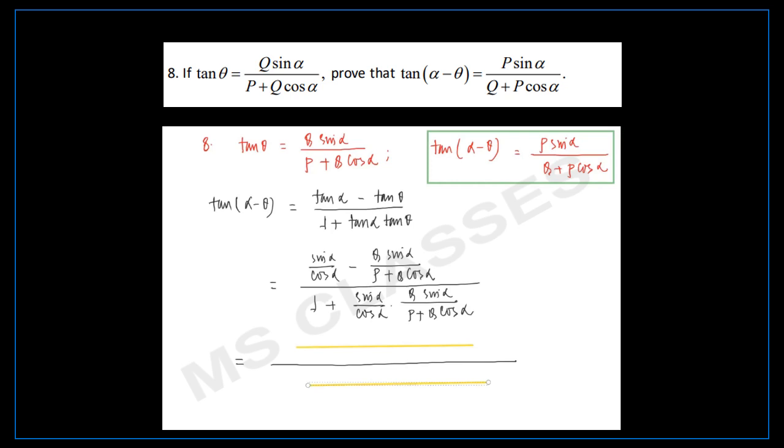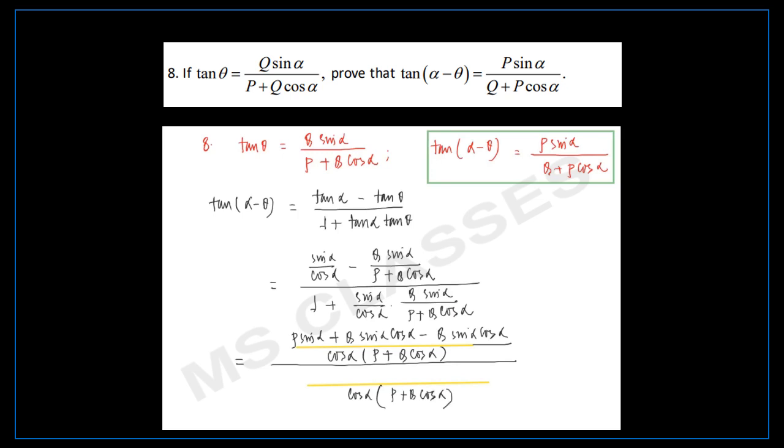Now p sin alpha, q sin alpha cos alpha, minus q sin alpha cos alpha. Now in the denominator, same LCM, it is cos alpha into p plus q cos alpha.